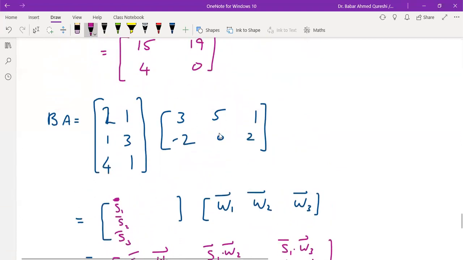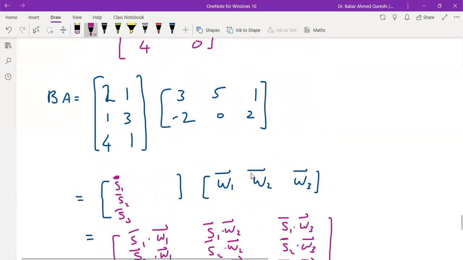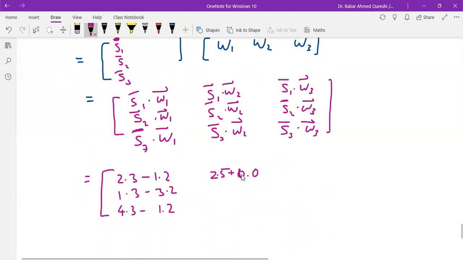Then this one has 5, 0, so 2 into 5 plus 1 into 0.